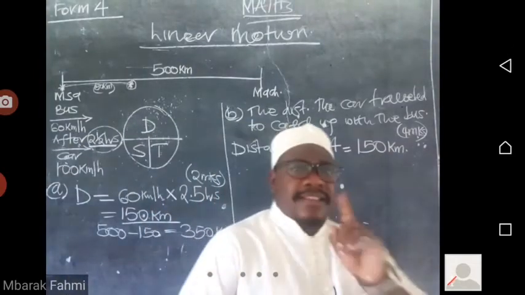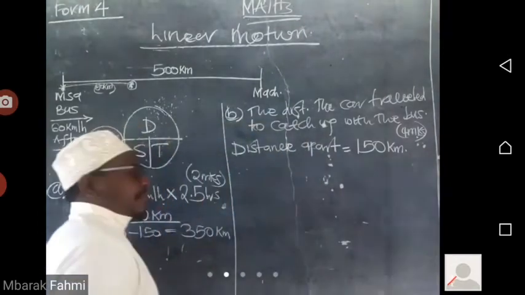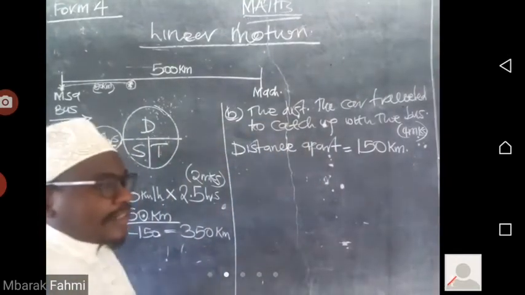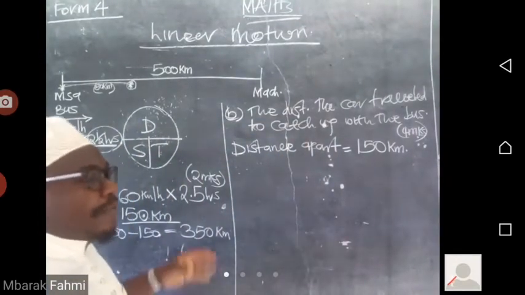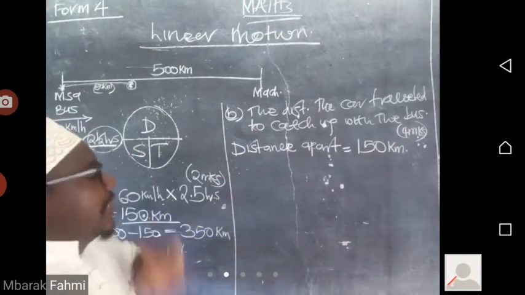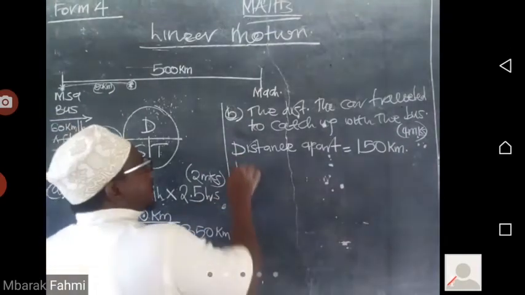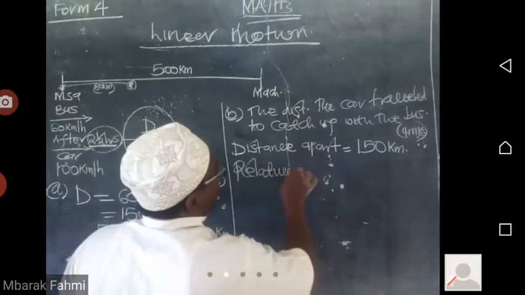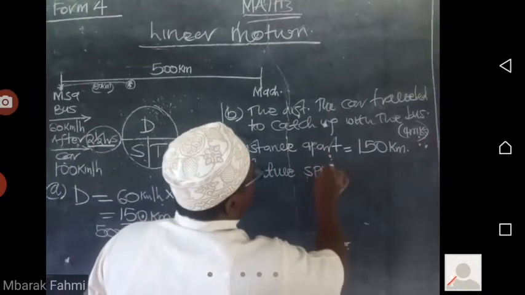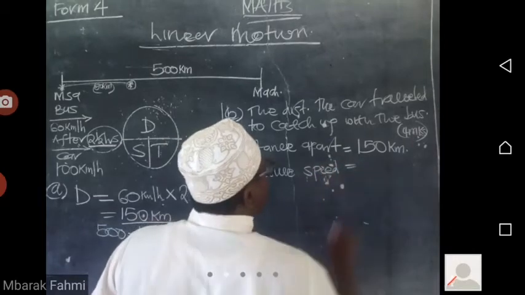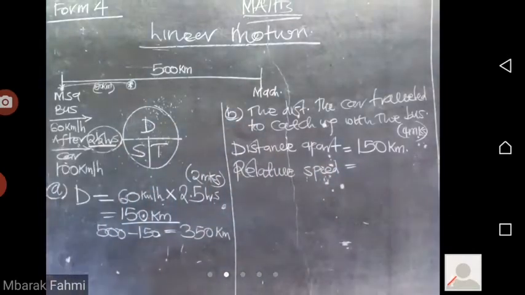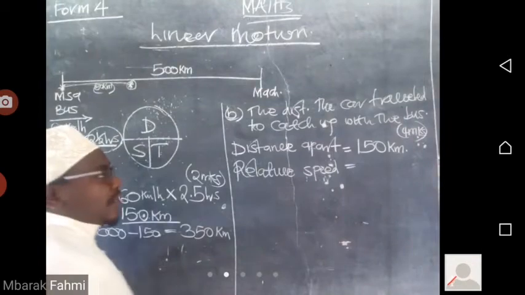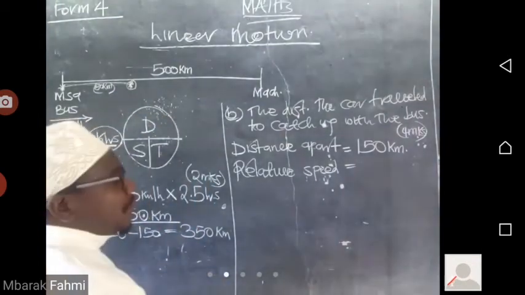And then the next thing you need to calculate the time it will take for them to meet is the relative speed. Now, relative speed we have in two ways.